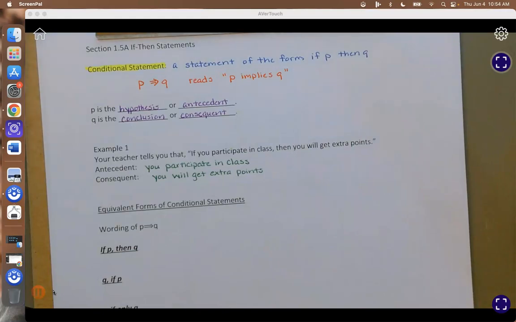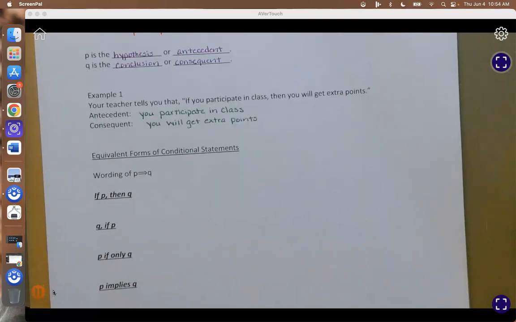Okay, now equivalent forms, other ways to write conditional statements. Okay, so the way you word P implies Q. Using this sentence right here, we can rephrase it in different ways.